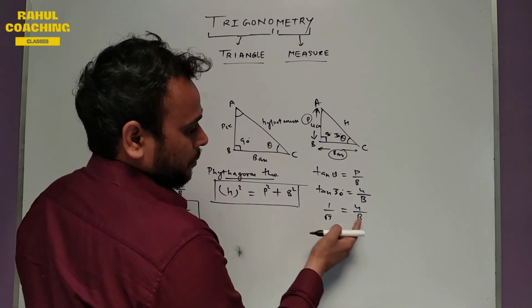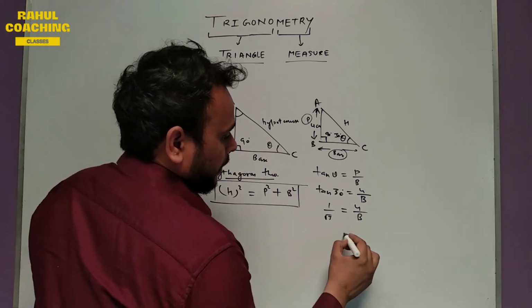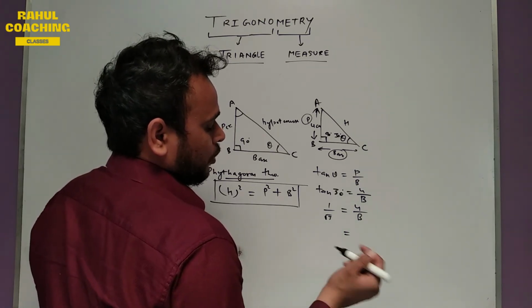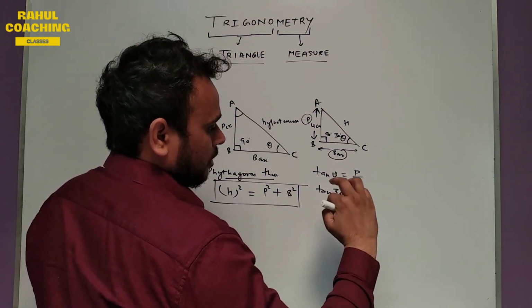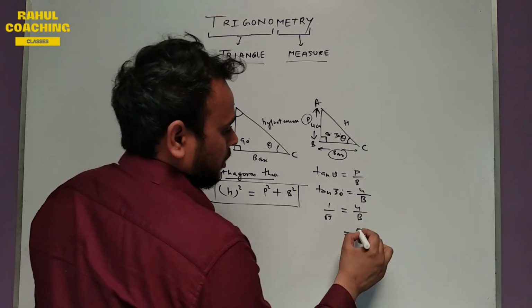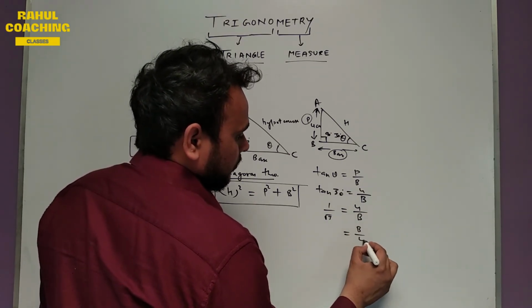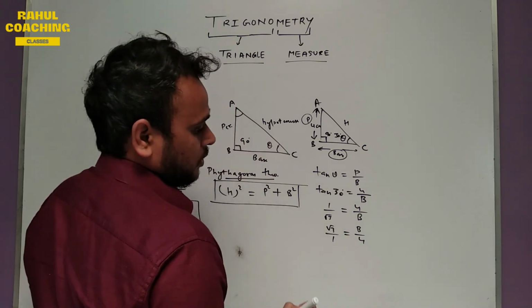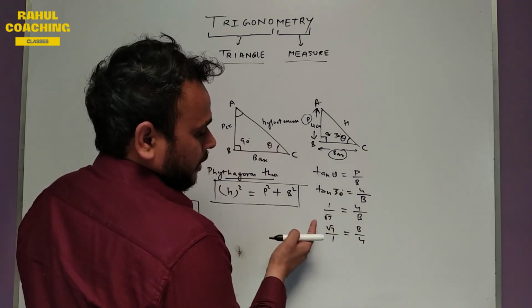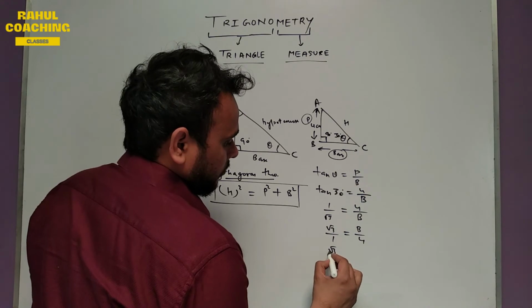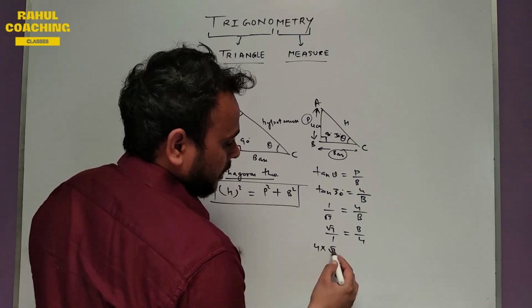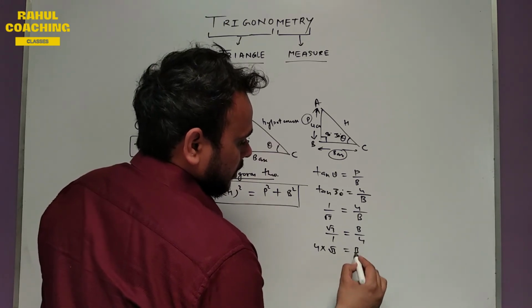If we calculate B, then B should be in the numerator. So what you can do is just take the reciprocal of these values: B upon 4 equals root 3 upon 1. The 4 should be in multiplication. If we take this 4 here, then you have to multiply these values.